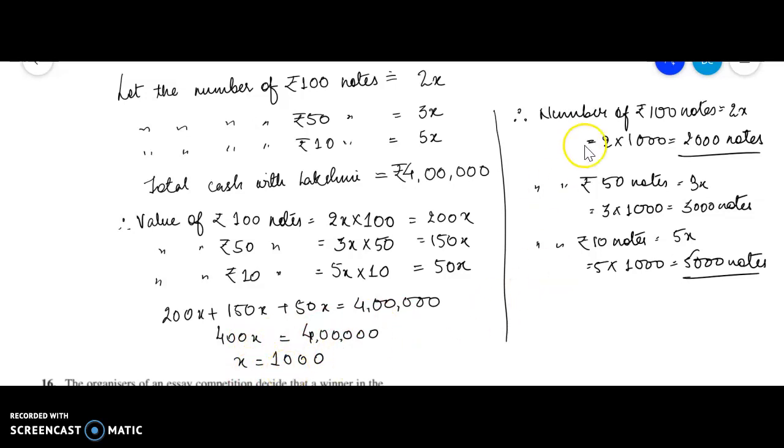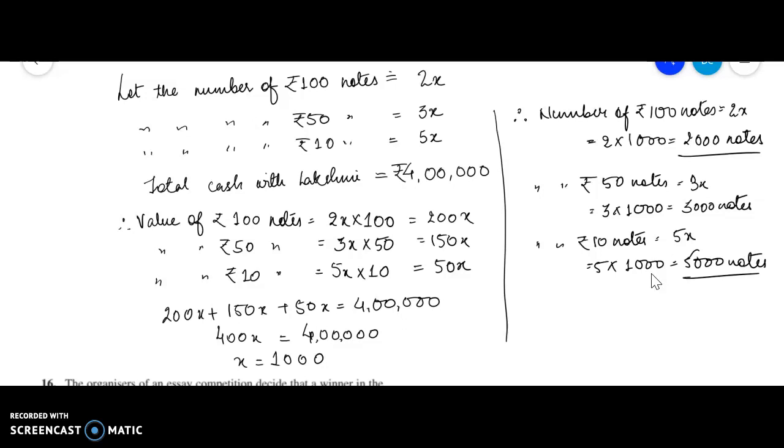The number of 100 rupees notes we assumed was 2x, so putting the value of x, 2 into 1000 becomes 2000. Similarly, for 50 it was 3x, so 3 into 1000 becomes 3000. And for 10, 5x was there, so 5 into 1000 becomes 5000. So these are the numbers of notes she has for the respective denominations.